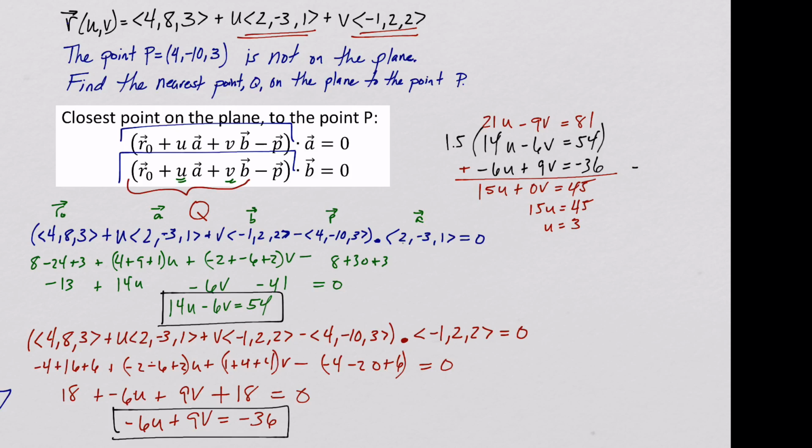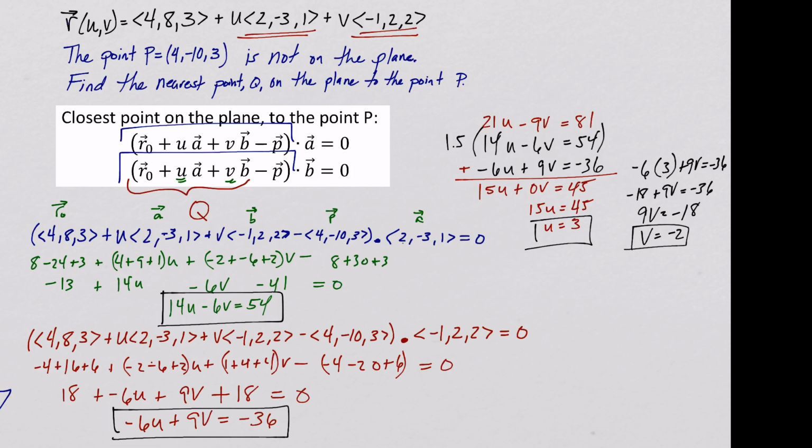Switch back to black and I'll say negative 6 times 3 plus 9v equals negative 36. So that's negative 18 plus 9v is equal to negative 36. Add 18 to both sides. 9v is equal to negative 18, so v is equal to negative 2. And so there's my answer for u and for v, right?